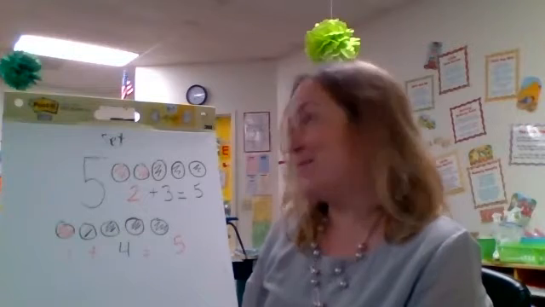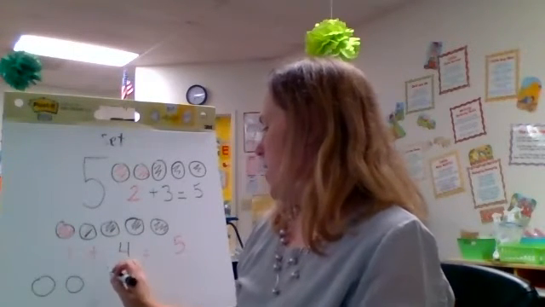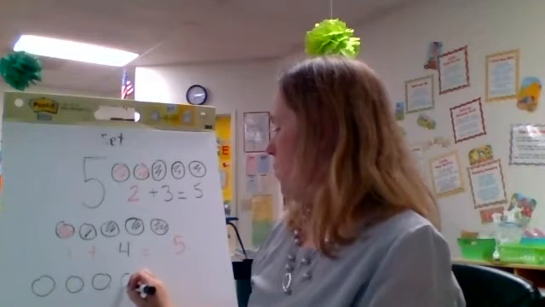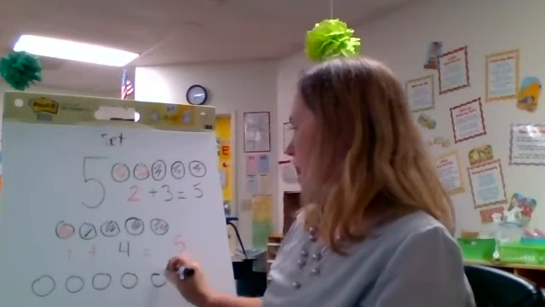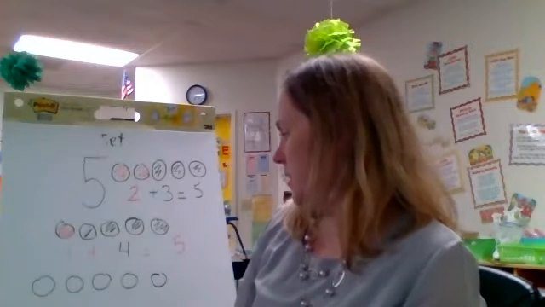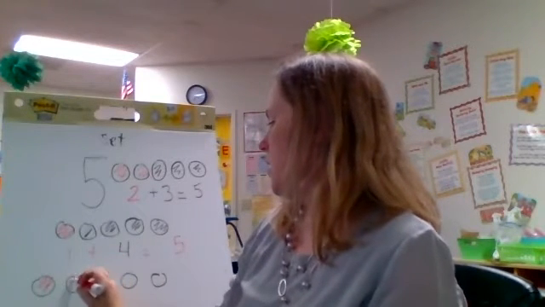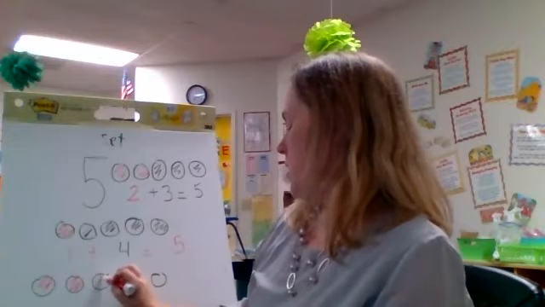Okay, let's see if we can make the number 5 again. 1, 2, 3, 4, 5. So I colored 1 red, I colored 2 reds. This time I'm going to color 3 reds. 1, 2, 3.